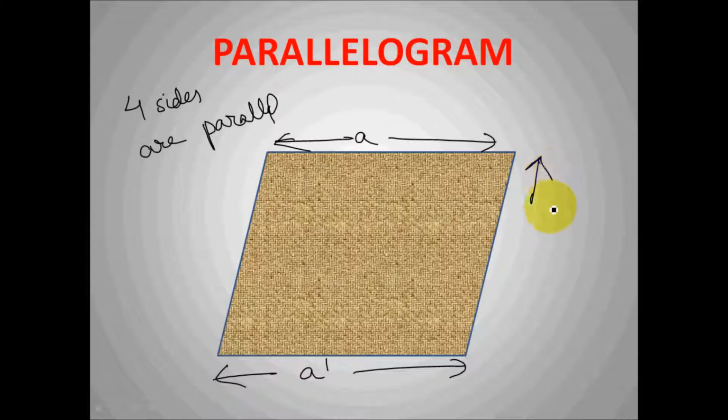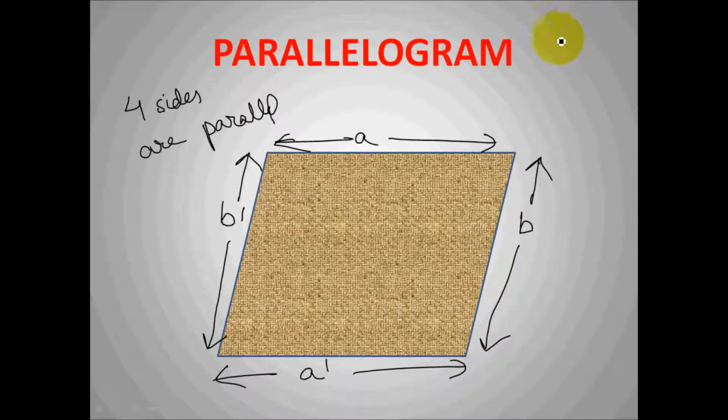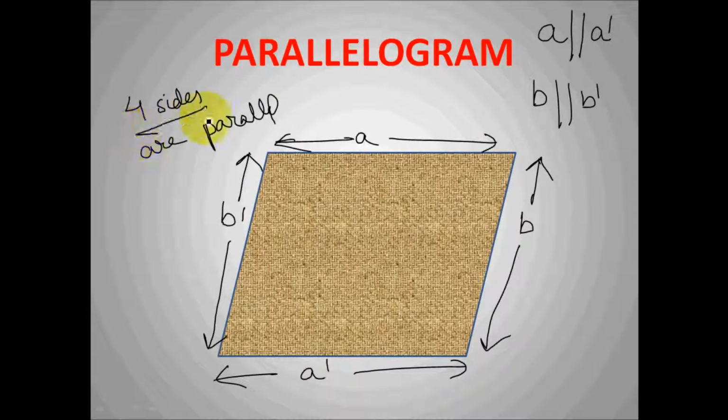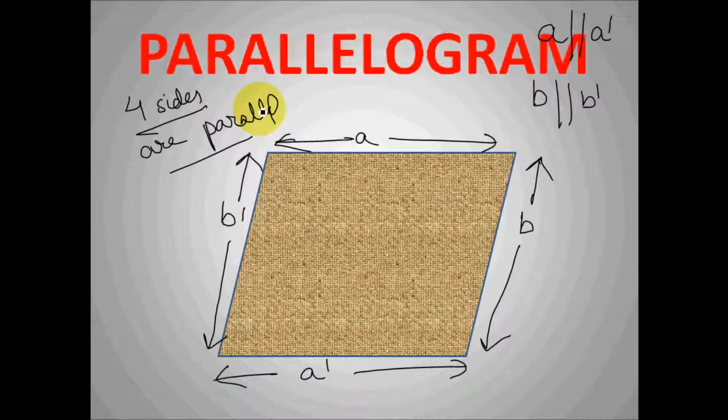Let this be B and let this be B dash. So you see A is parallel to A dash and B is parallel to B dash. So four sides are parallel, and when four sides are parallel, it is called parallelogram.